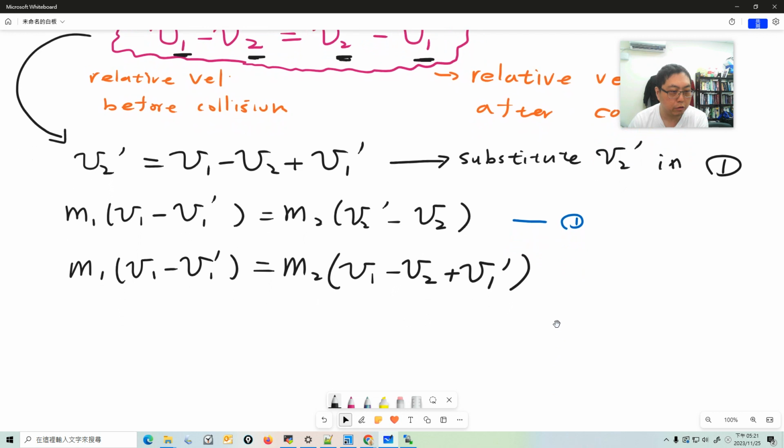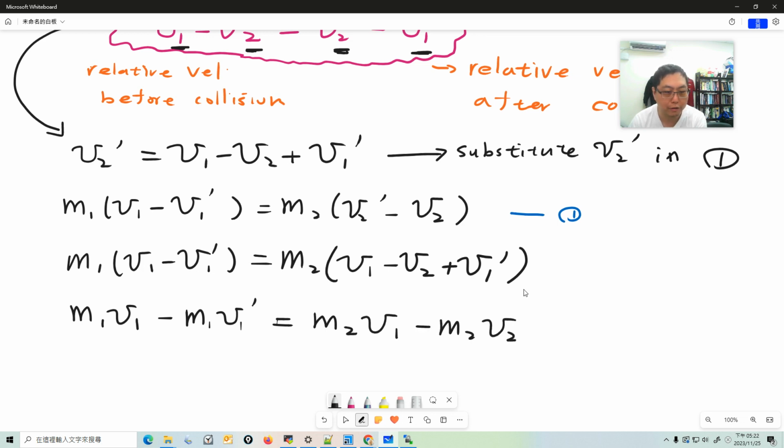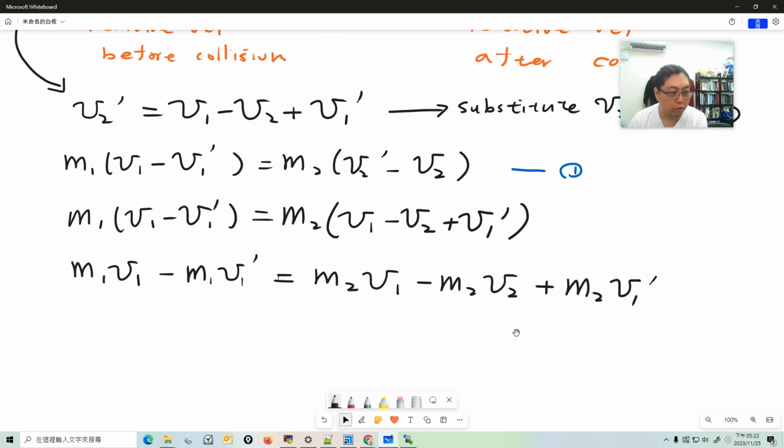We have to get V1 prime out because it is the only unknown in this equation: M1, M2, V1, V2 are given, so the only unknown is V1 prime. It's algebra work, but you have to be very patient and very careful because it's very easy to do the wrong calculation.